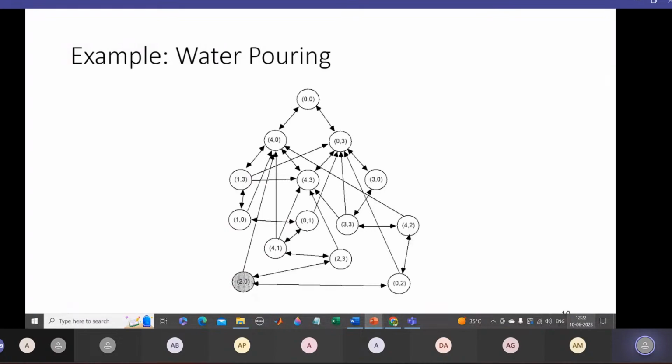Water pouring problem has got these solutions. Go through this, whether you're able to understand. Anybody? The solution is given here.